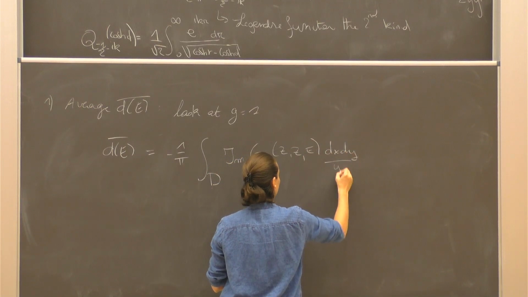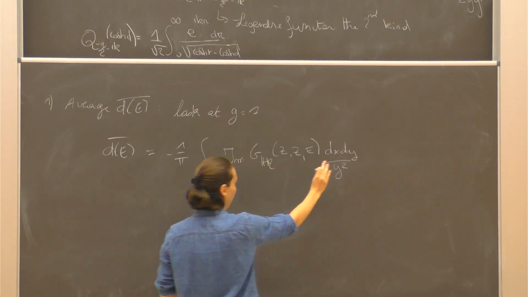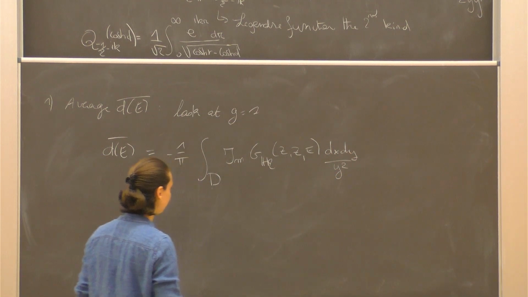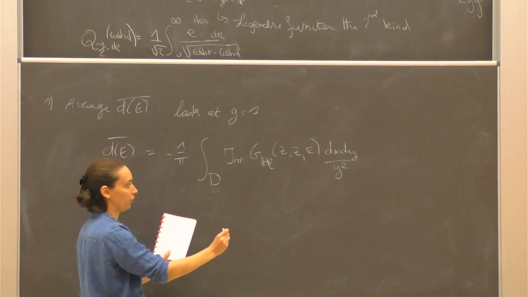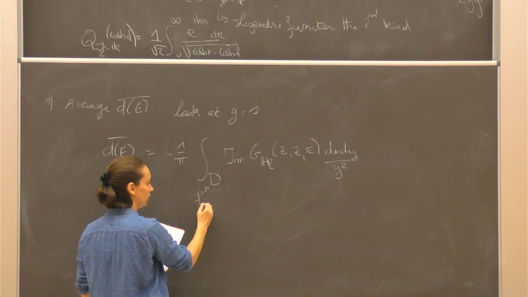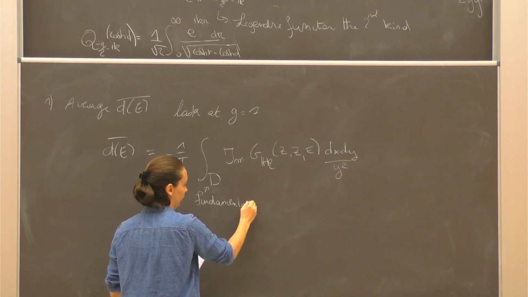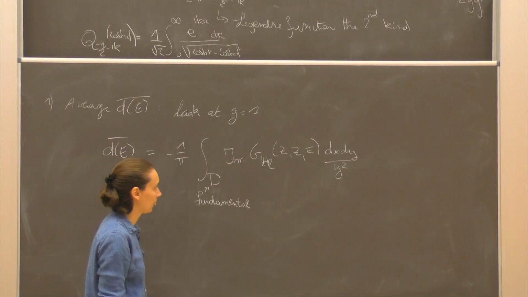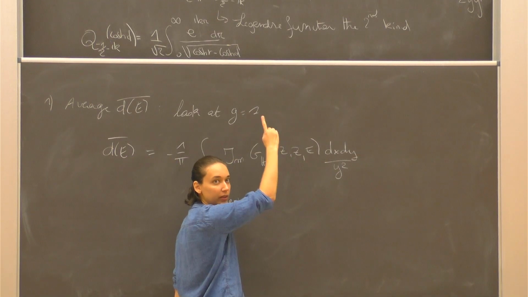And of course, this is the normal volume measure on 2D hyperbolic space. The thing we're going to integrate here will be only on the fundamental domain, because otherwise we're clearly overcounting, right? We're already accounting for the other images by applying G here in the whole sum.